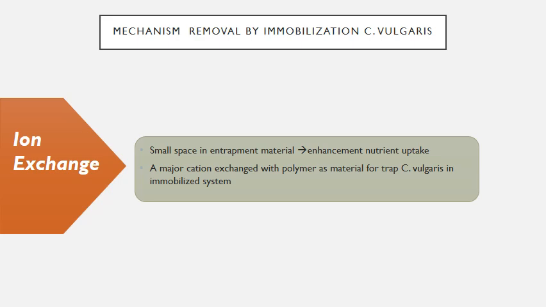The next part is about the mechanism of removal by immobilized Chlorella vulgaris. In this part we will also talk about ion exchange. We know that the main advantages of immobilization include the prevention of biomass washout from the process and enhancement of operational flexibility.